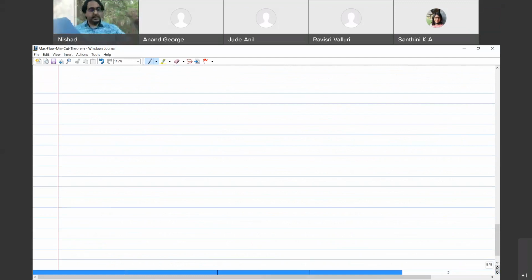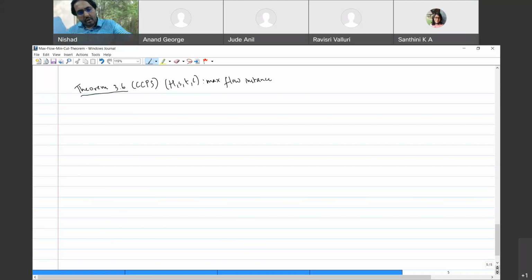All right. So, theorem 3.6. So we have the same setting, an ST max flow instance, and we have an ST flow.